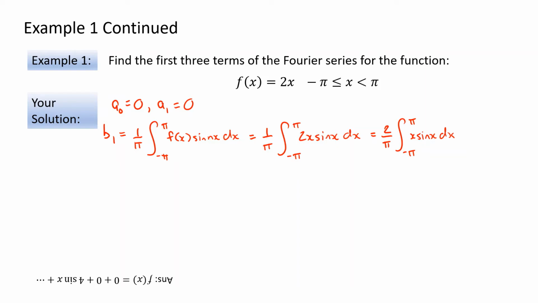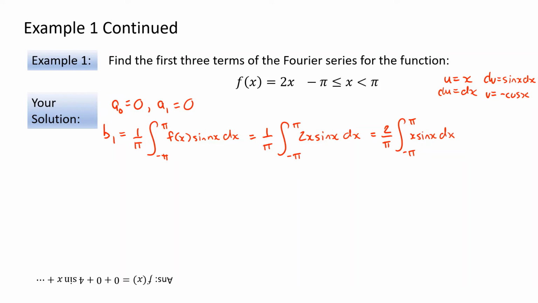The function you select for u should be the non-trigonometric function. So in this case, we'll let u equal x. So again, du is dx here, just like it was in the first example. dv is the remaining terms, sine x dx. So v is the integral of it, and remember the integral of sine x is negative cosine of x.